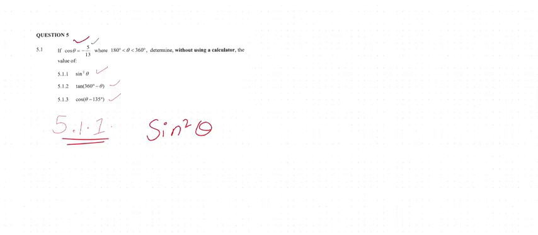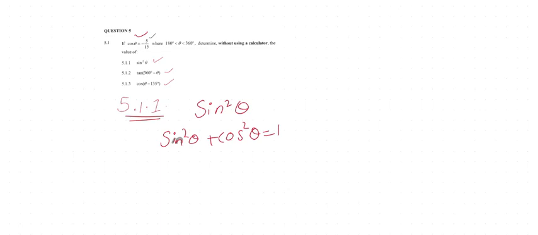As you know, we have a well-known formula in trigonometry: sine squared theta plus cos squared theta equals 1. So we can easily calculate the value of sine squared theta because we know the value of cos. I'll simplify the equation and then put in the values to get the answer.